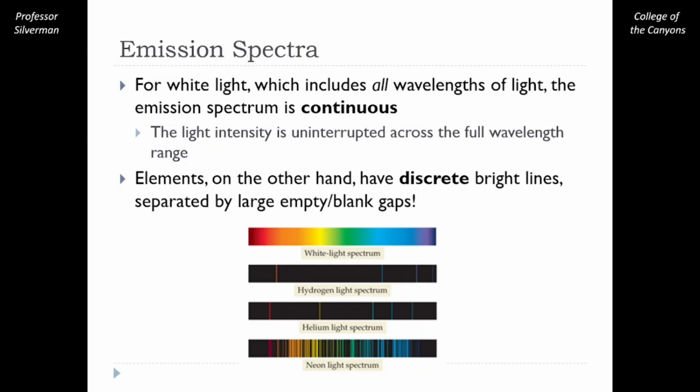Helium ends up with not 4, but maybe 5 or 6 different colors of light that are different. Neon has many colors of light that it emits, but it's not continuous. Each of our elements ends up almost having its own fingerprint of light that gets emitted when it has excess energy.